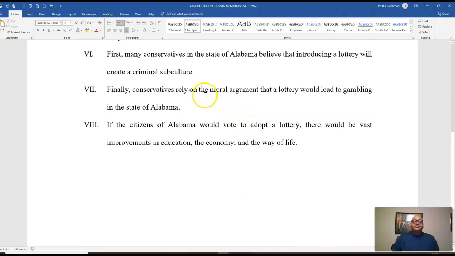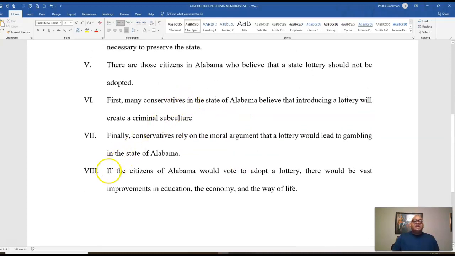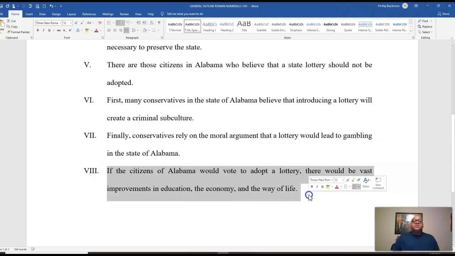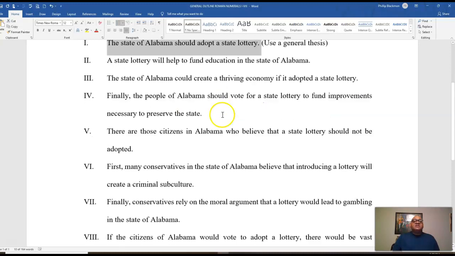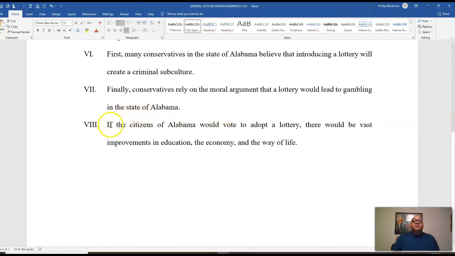Roman numeral number 8 is just a summary of your 3 points. Think about this as writing a 3-point thesis statement. Here at the top, I was general. I only state my position. Because a conclusion for a paper summarizes, you've all heard throughout your writing career that in the conclusion you want to summarize the paper.